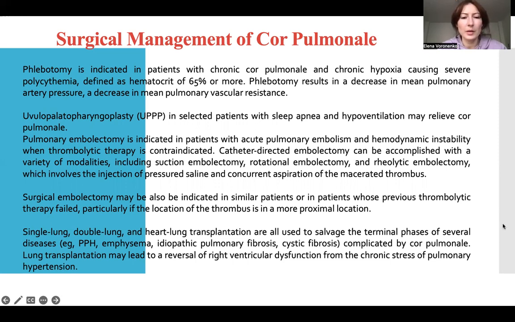Surgical embolectomy may also be indicated in similar patients or in patients whose previous thrombolytic therapy failed, particularly if the thrombus is in a more proximal location.